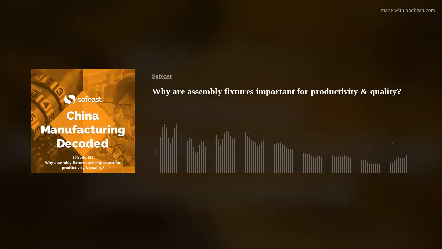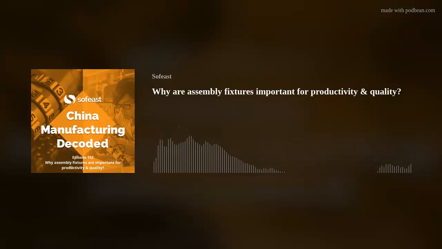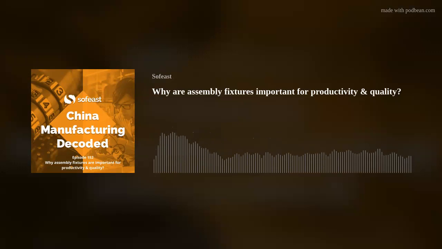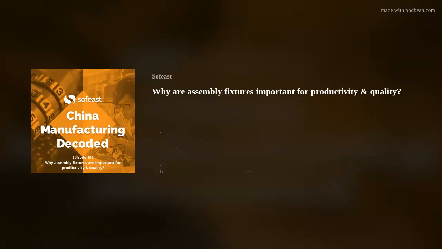It saves time from an assembly aspect because there are no errors or issues putting components together. So basically, a fixture is a guide, and it gives you guidance to put components together. Now, fixtures to do testing, we'll come on to that a little bit later on. But basically, this is what a fixture is all about.